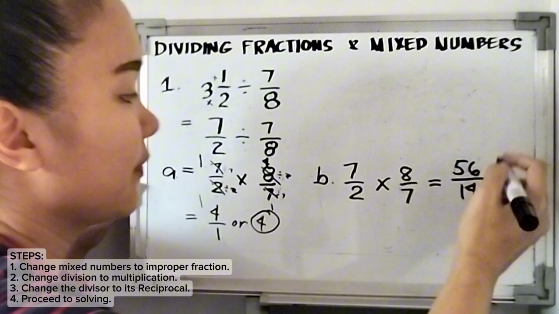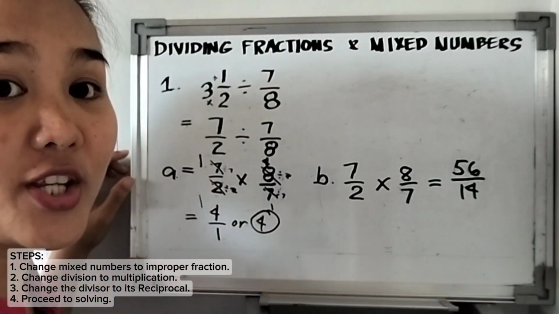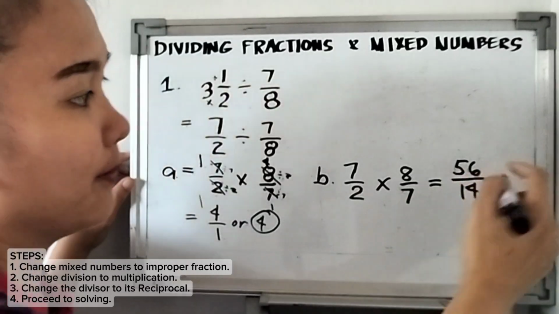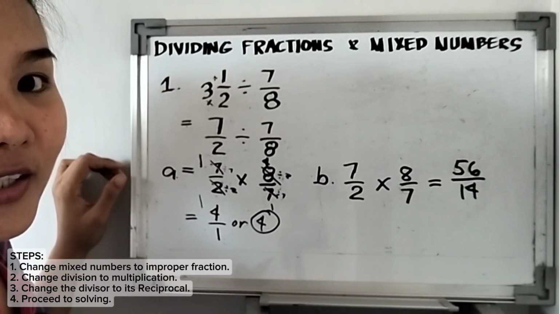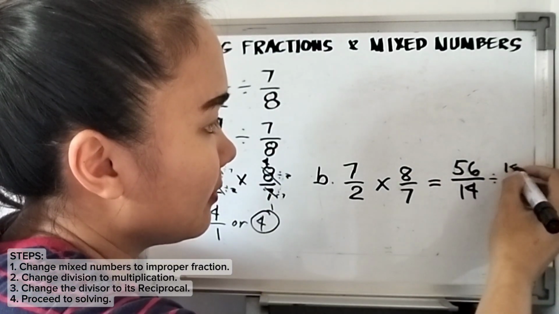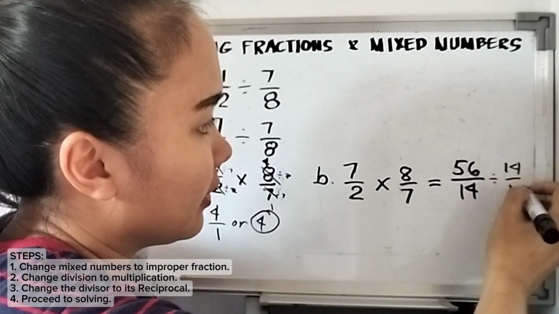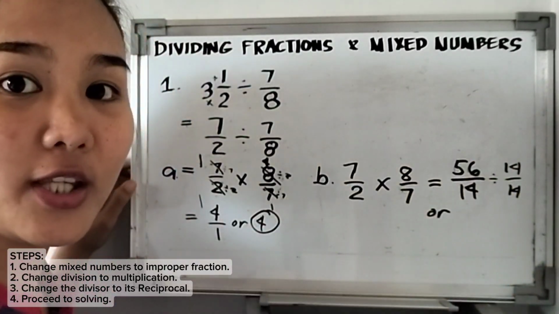And of course, we have to change it into its simplest form. So what could be the common number? 14. Very good. So we have to divide it by 14. So 56 divided by 14.